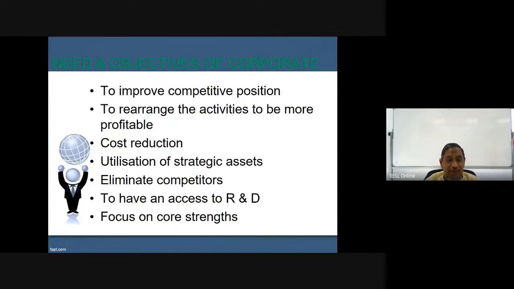Thereafter, Pepsi also came into the market. Now Pepsi and Coca-Cola competed with each other to get the highest position in the Saudi market.